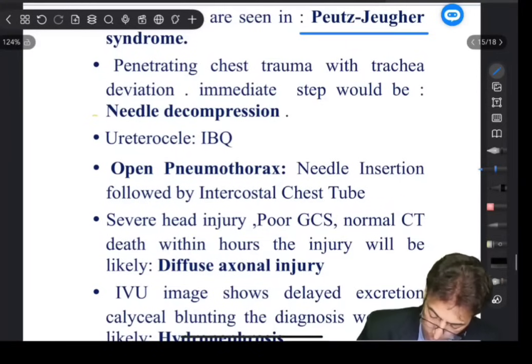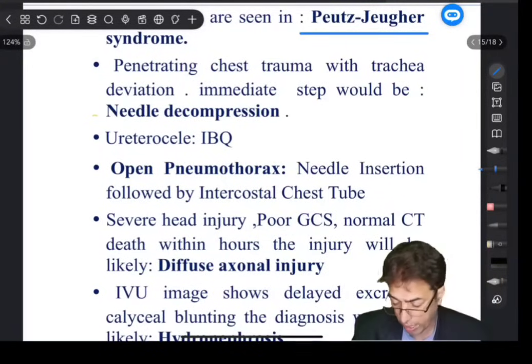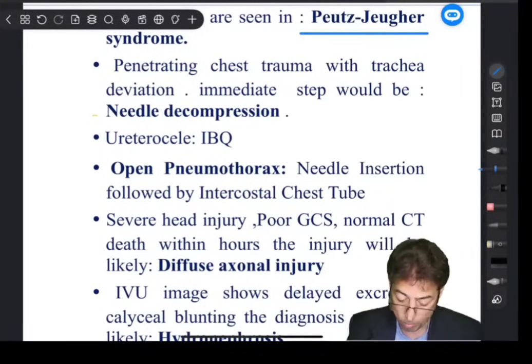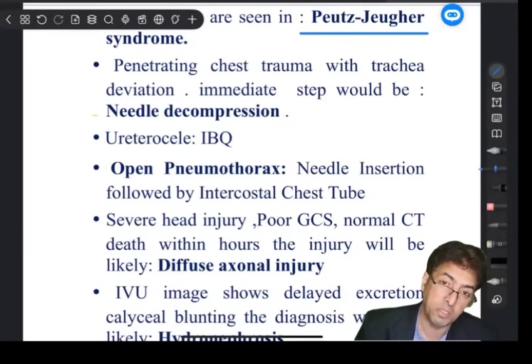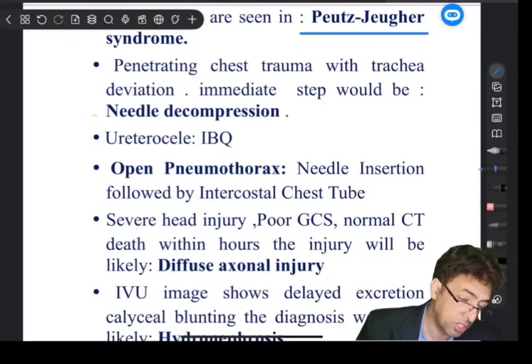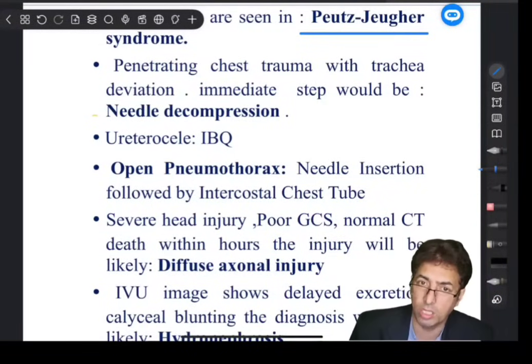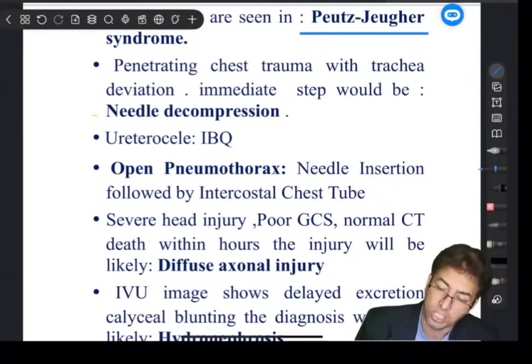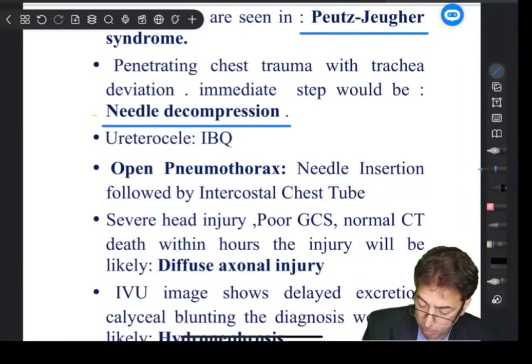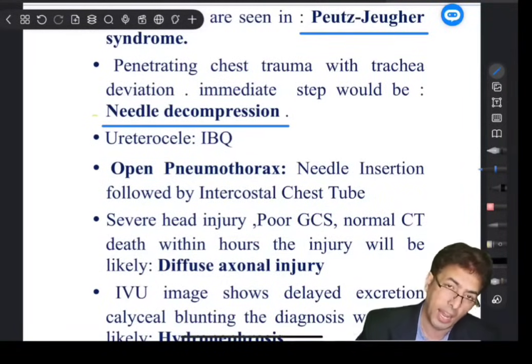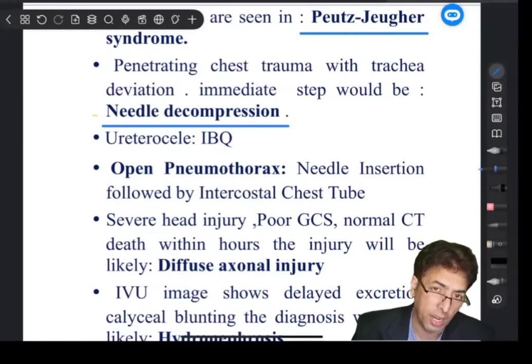You cannot miss it. Now, there was a patient who had a penetrating chest trauma with tracheal deviation, unable to breathe, in respiratory distress. So the next step of management, again, is not the best treatment modality, would be needle decompression. You just insert a needle in the intercostal space and do a needle decompression, and that relieves the patient of his respiratory distress.